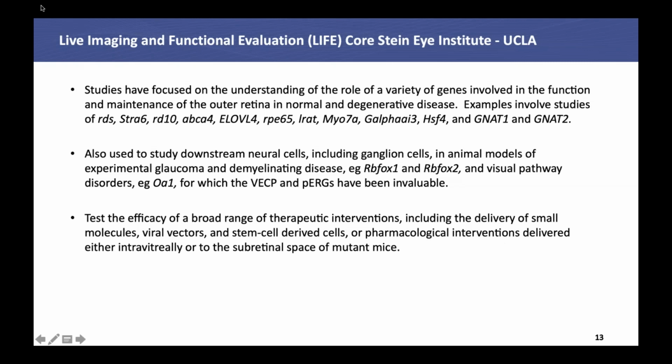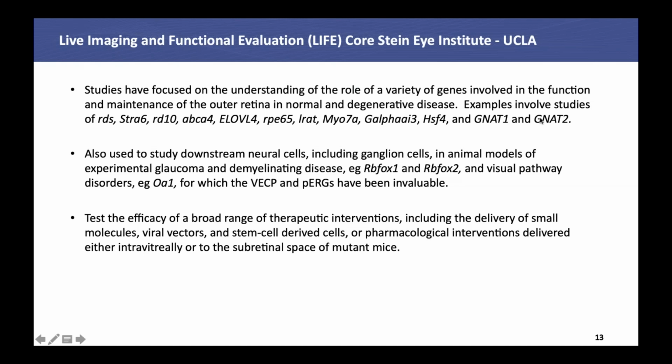And I just listed a few of them that came to my head. RDS is retinal degeneration slow. STRA6 is a sort of a tap for vitamin A. ABCA4, you know, is a model for Stargardt's disease, for those of you who might be interested in Stargardt's. ELOVL4 is the dominant form of Stargardt's, and so on.